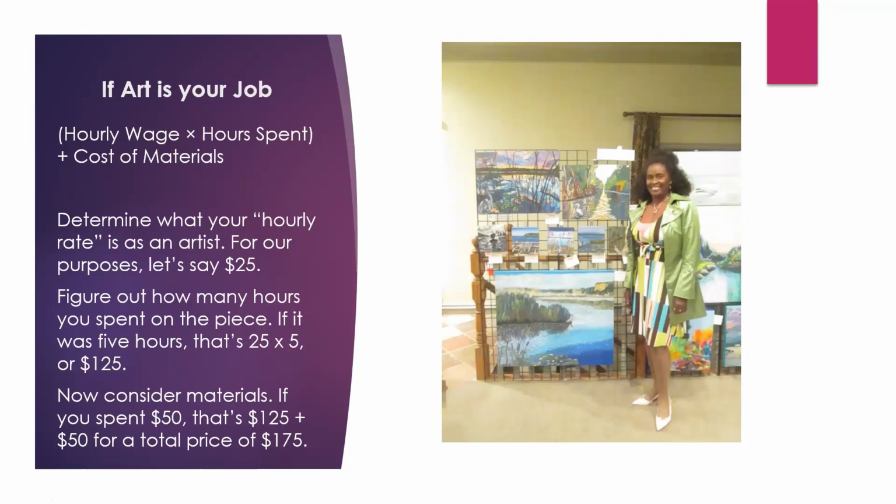So if you spend $50 on materials, then that piece could be priced at $125 plus 50 to the price of $175. You may find other factors to add in, like transportation costs, part of the utility bill, things like that could be added to the price in an objective way to arrive at the final retail price.